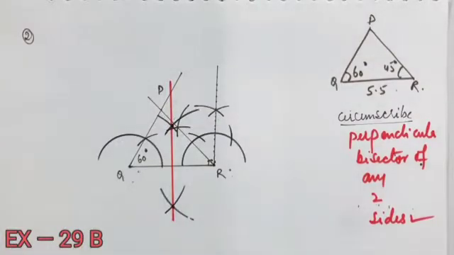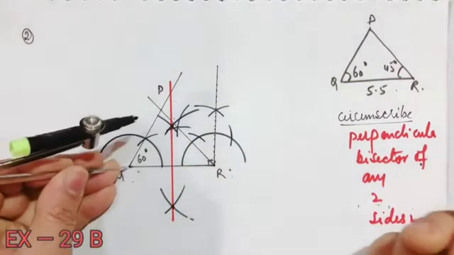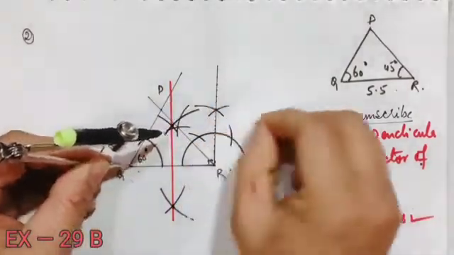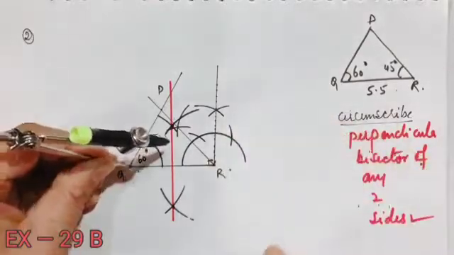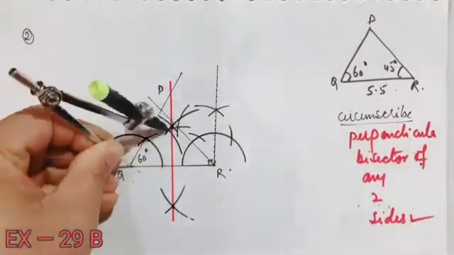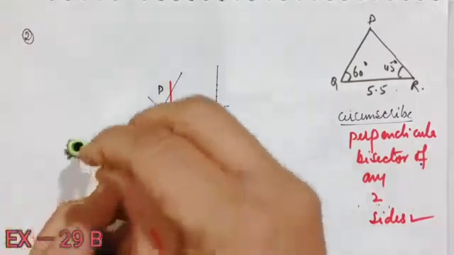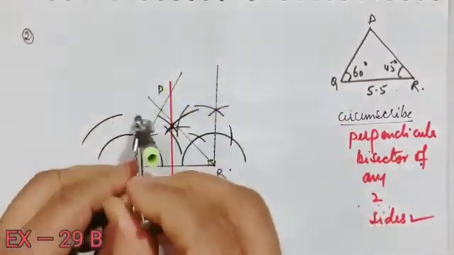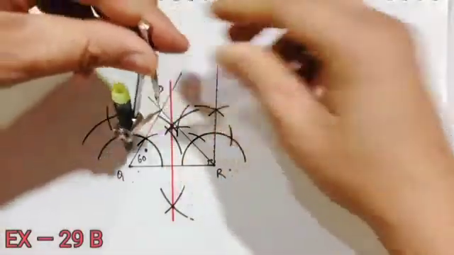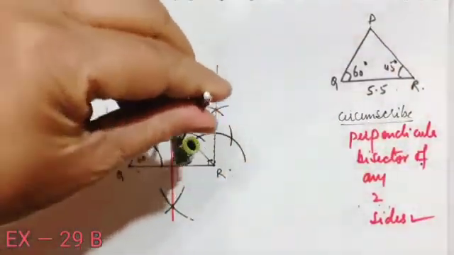Okay, now of this side QR, similarly PQ का भी. अच्छा, there are some children who want more perfection in their work. What they do is they rub the extra arc. Please don't do that. कभी भी extra arc को rub नहीं करना है. Okay, from here we are going to do the same thing. यहाँ पे और ये यहाँ पे.